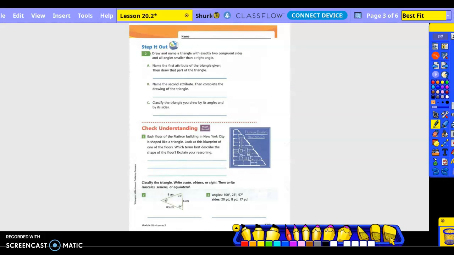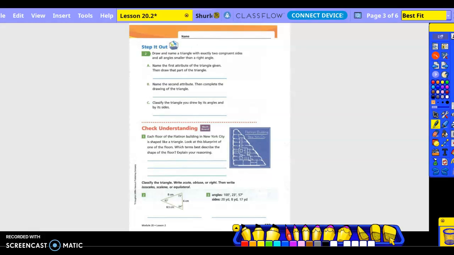Step it out. Number 2, draw and name a triangle with exactly 2 congruent sides and all angles smaller than a right angle. For this, we would need a protractor, right? We would draw our length and then get our angle, to be smaller than a right angle, and then we connect it.